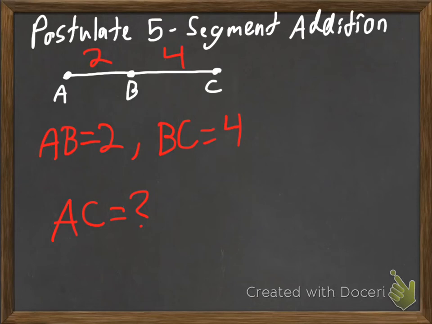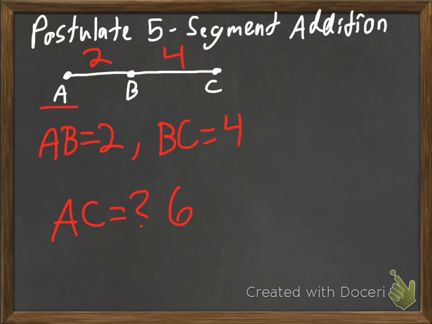Okay. So we see that AC equals 6. We can see that AC equals 2 plus 4, which is 6. The distance from A to C is 6. But to do that, you actually had to use this postulate called segment addition. Nowhere in this example did we say that AC was 6.